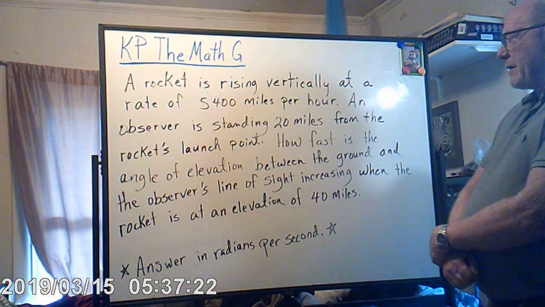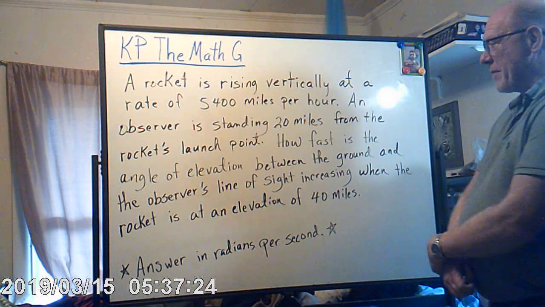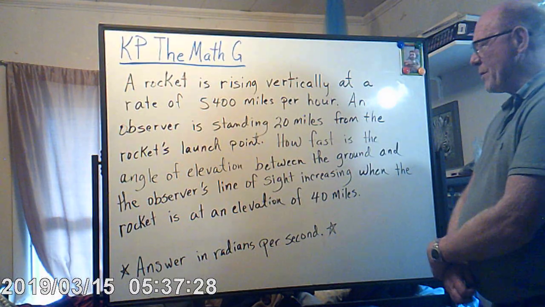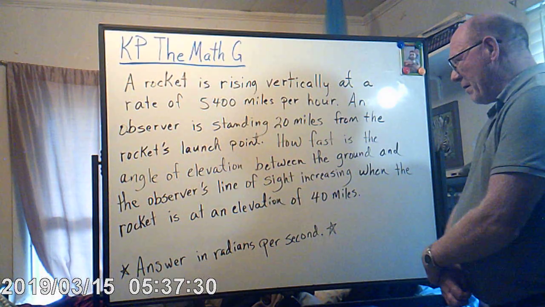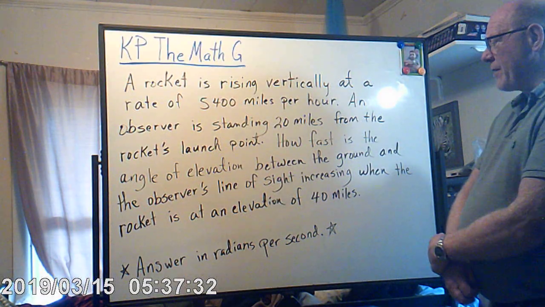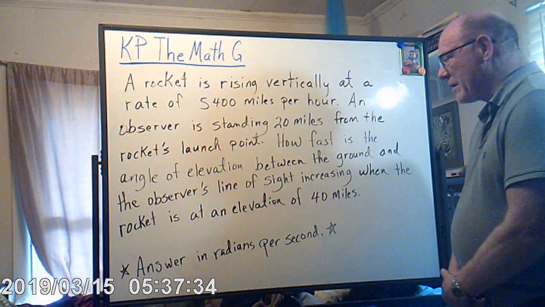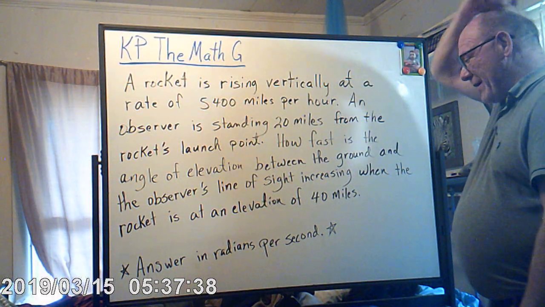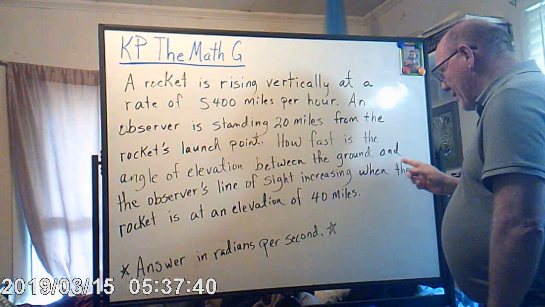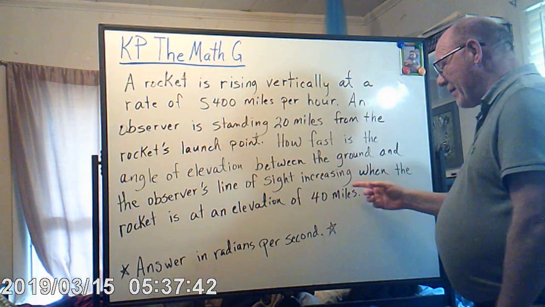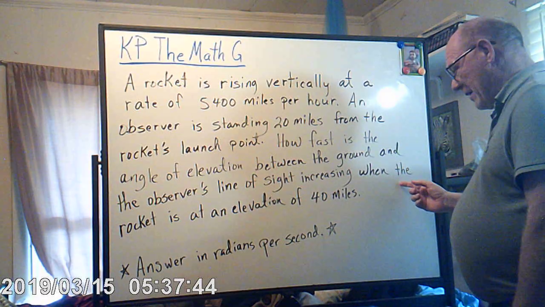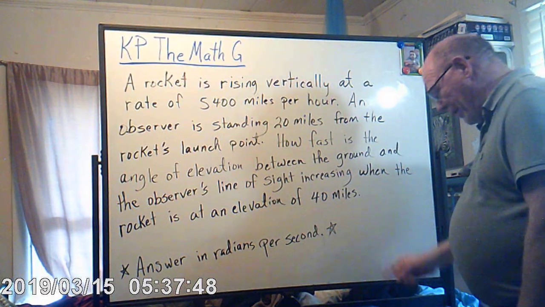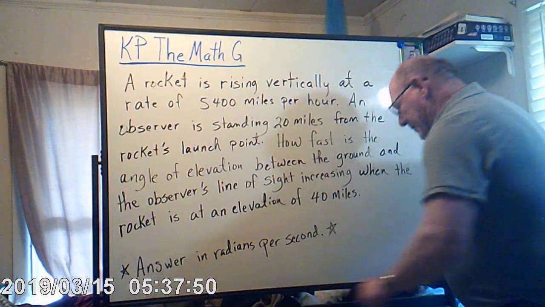It says a rocket is rising vertically at a rate of 5,400 miles per hour. An observer is standing 20 miles from the rocket's launch point. How fast is the angle of elevation between the ground and the observer's line of sight increasing when the rocket is at an elevation of 40 miles?